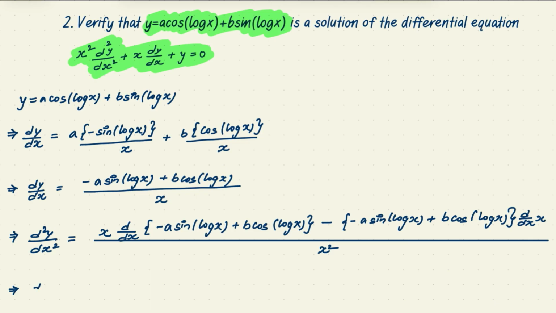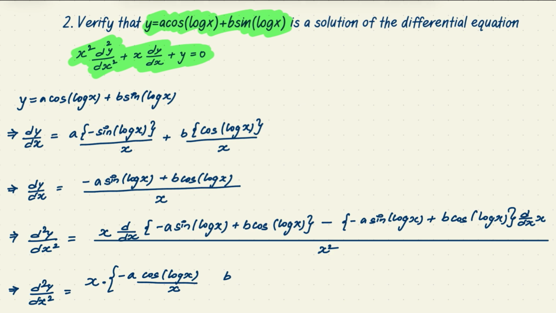So let us try to simplify here. d2y over dx2 equals x into d/dx of minus a sine of log of x, which will be minus a is constant, and d/dx of sine of log of x will be cos of log of x, and due to the chain rule d/dx of log x is 1 by x, plus b, d/dx of cos of log of x is minus sine log of x.